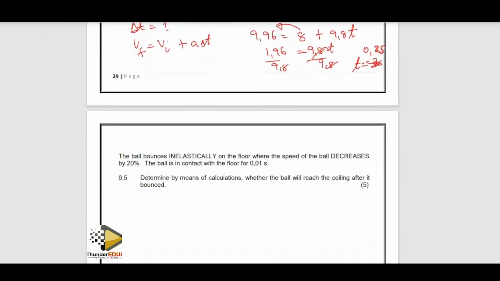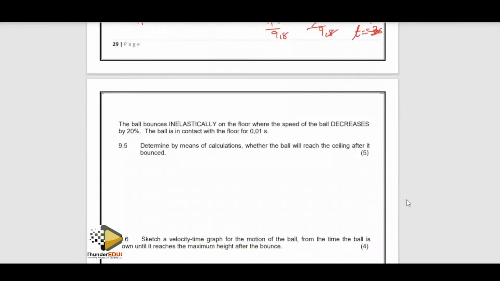Okay, and then the ball bounces inelastically on the floor. This simply means it's just going to bounce off below the height of projection. So it bounces off inelastically on the floor where the speed of the ball decreases by 20%.